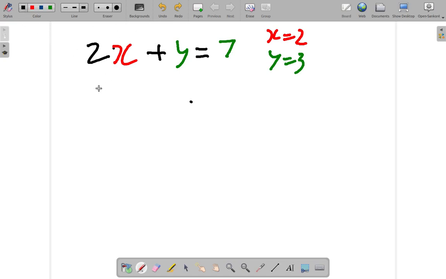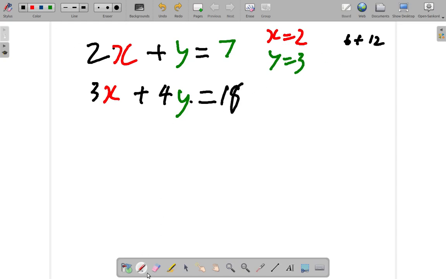Let's say you have 3x plus 4y is equal to, what is this? 3 times 2 is 6 plus 4 times 3 is 12, and 6 and 12 is 18. Equals 18. Okay, good.